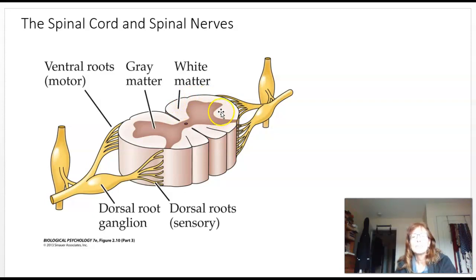We're seeing the myelinated part right here with the white matter. We have these extensions that are part of the motor system and the sensory system, connecting with this thing called the dorsal root ganglion, which we haven't gotten into any real description of before, except that we will when we start talking about pain and pain pathways. So this is, again, spinal cord and spinal nerves.